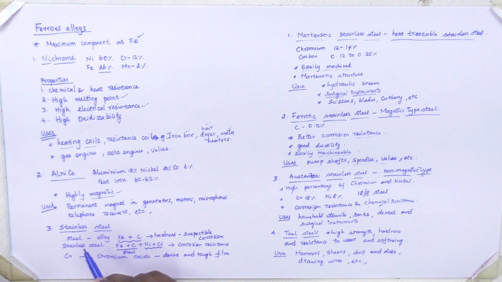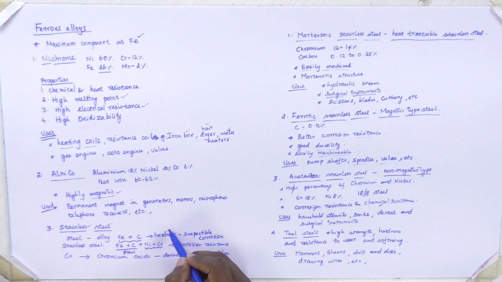And the third important type, we have stainless steel, which is the most used alloy, and we use it in day-to-day life because of its non-corroding nature. And this alloy is an alloy of steel, which is again an alloy of ferrous and carbon. So the carbon is added to iron in order to improve the hardness, and the material produced is called steel.